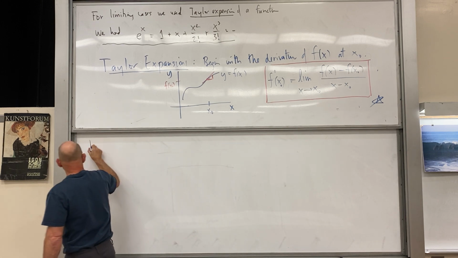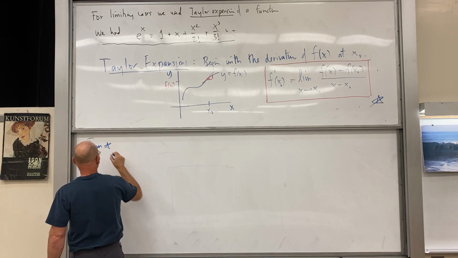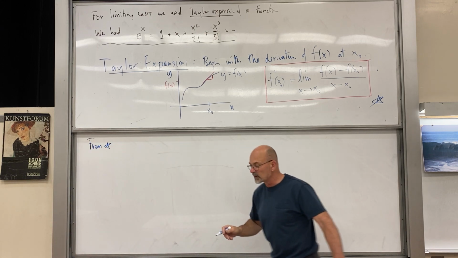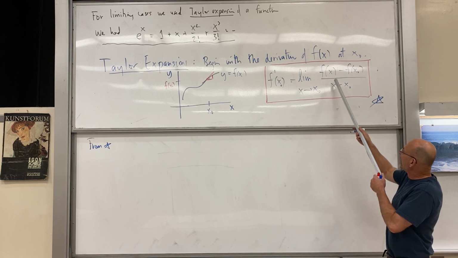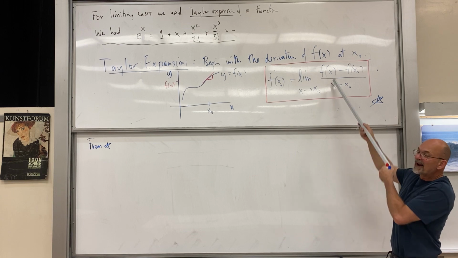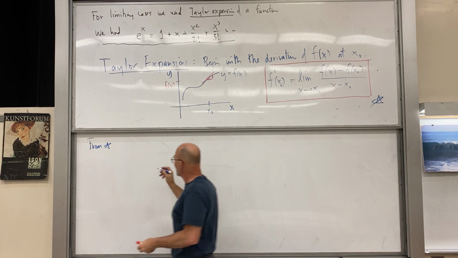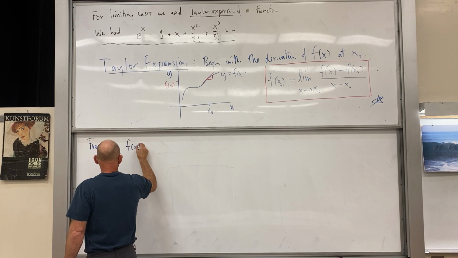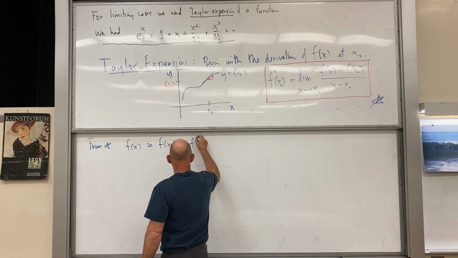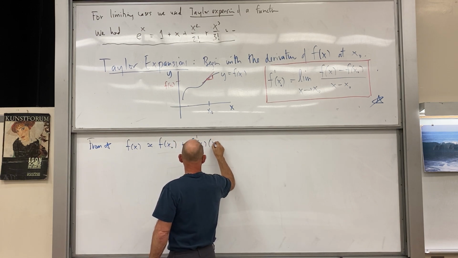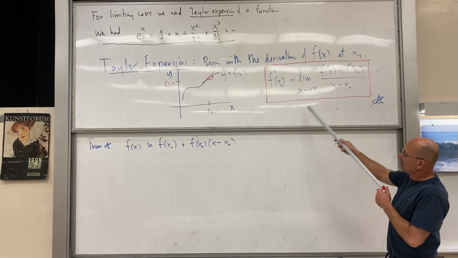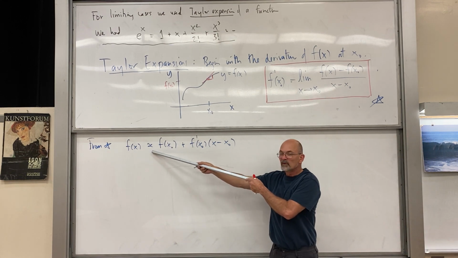So from star, we can do the following. I'm going to get rid of the limit sign, write an approximation here, and just solve for f of x. So from star, we have f of x is approximately equal to f of x0 plus f prime of x0 times x minus x0. Okay, so I've just solved that. No lie here because I wrote approximately.